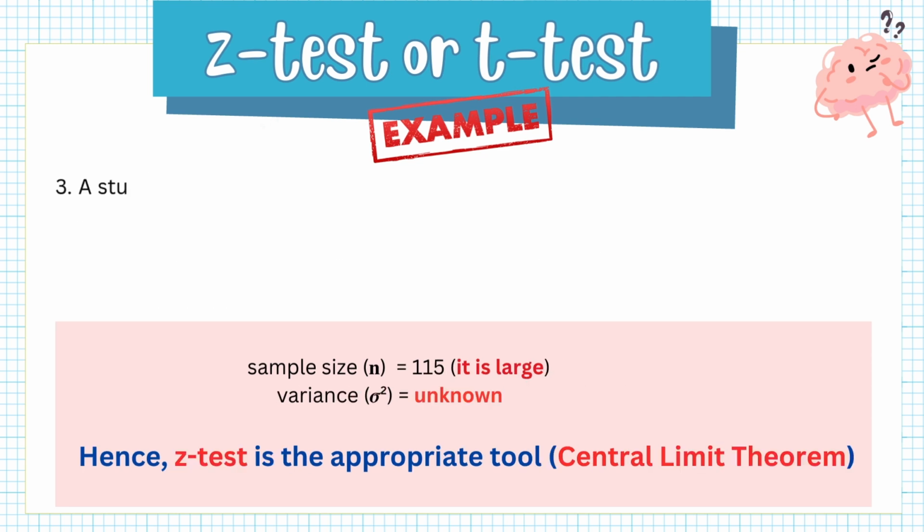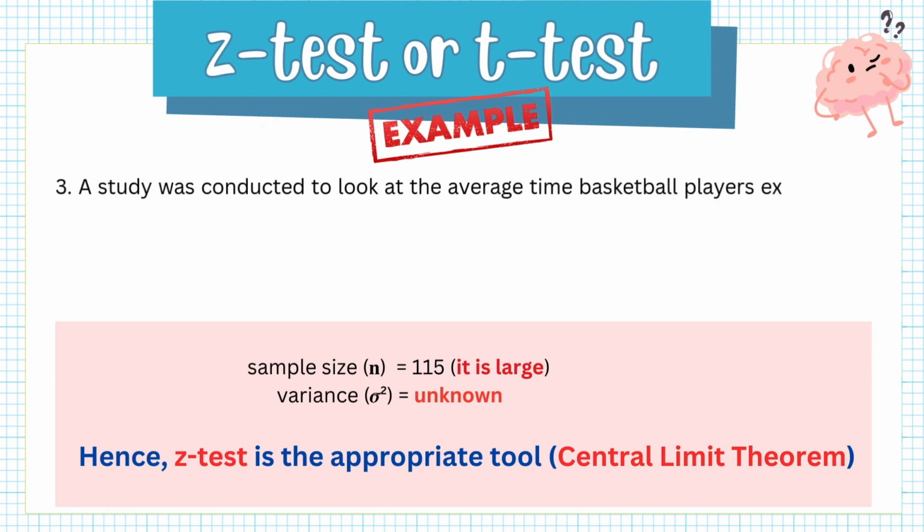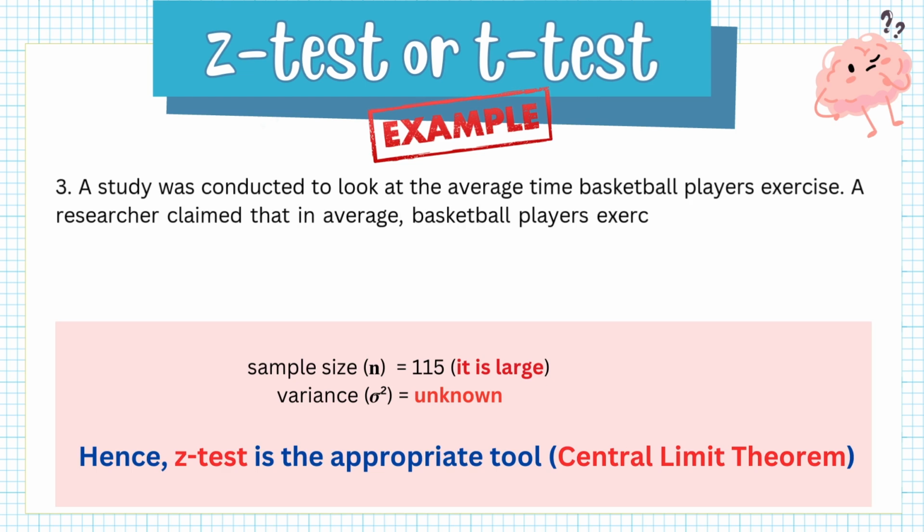For our last example, a study was conducted to look at the average time basketball players exercise. A researcher claimed that on average, basketball players exercise less than 15 hours per month.